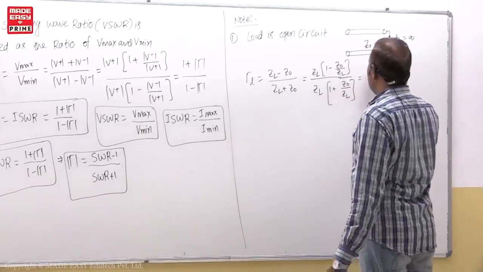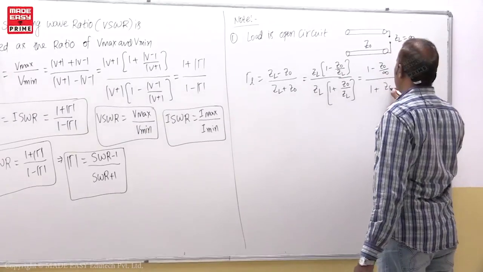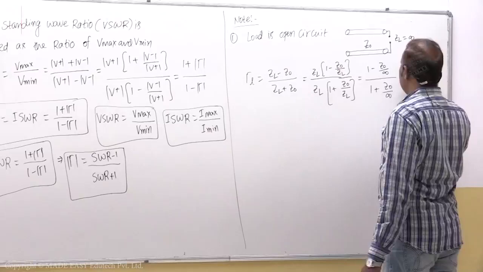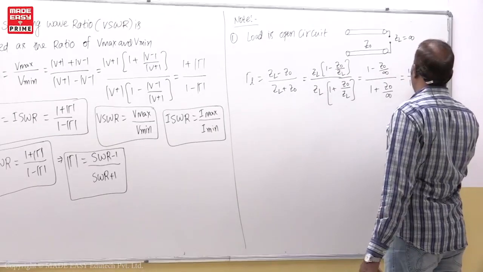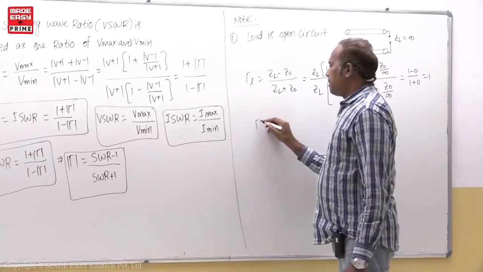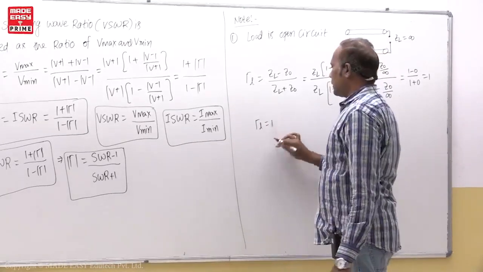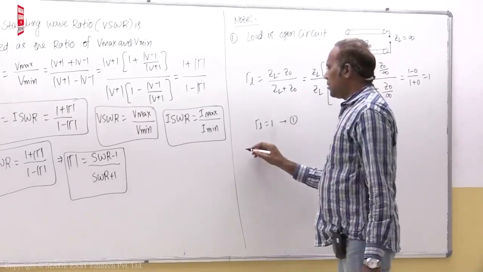And ZL cancels: 1 minus Z0 by infinity divided by 1 plus Z0 by infinity. This is 0, so 1 minus 0 by 1 plus 0 is equal to 1. So in this case, gamma L is equal to 1. Let us say this is equation number 1.